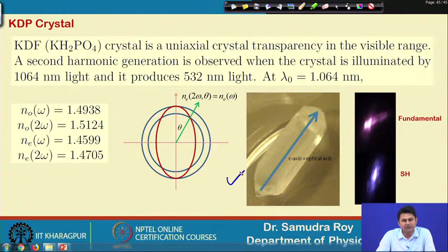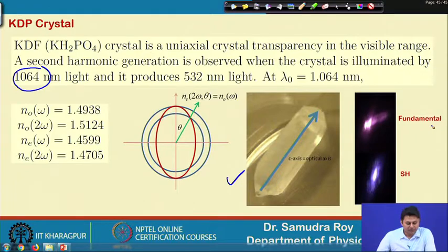This is the experimental figure. If you launch a light, which is normally invisible because it is in the IR region, gradually in the output for the KDP crystal we will get a reddish color of light, which is the fundamental.